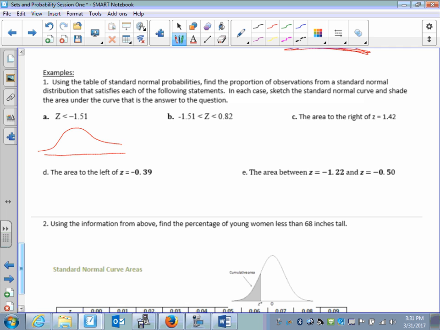See, now z is less than -1.51. The z-score for the mean is 0, so -1.51 would be somewhere around here. And if we want z to be less than that, we're picking these values over here. So this is the area we want. And that's exactly the area the table's going to give us.